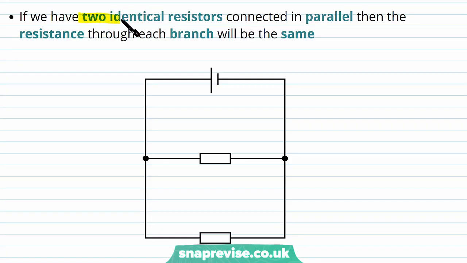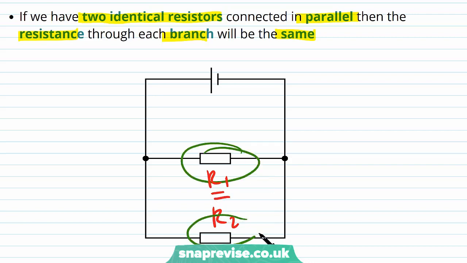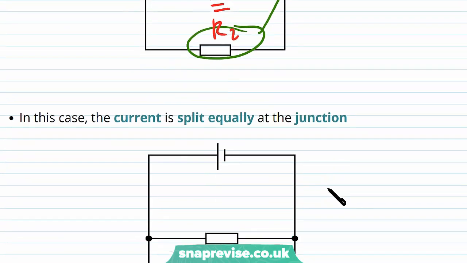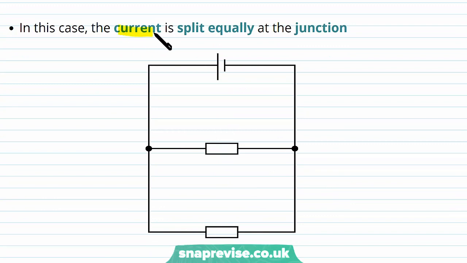But if we have two identical resistors connected in parallel, then the resistance through each branch will be the same. So now let's imagine that R1 and R2 are actually equal. So that means we've got two identical resistors in both of our branches, the same resistance in each branch. So in this case, the current is split equally at the junction.